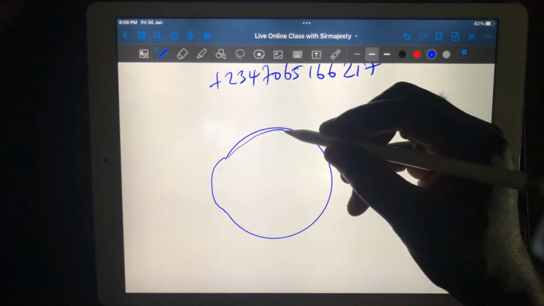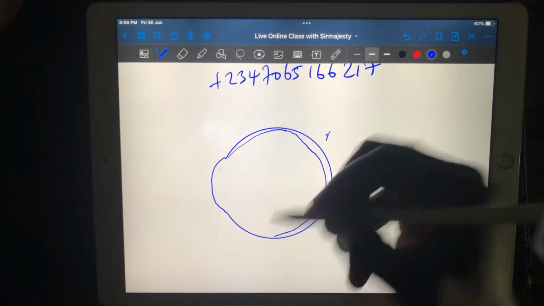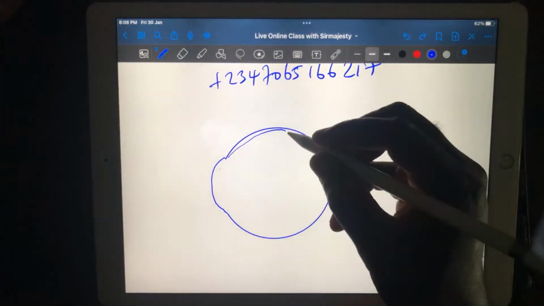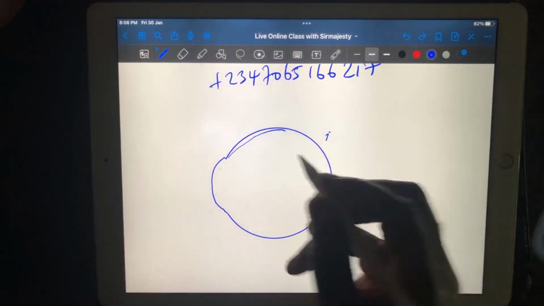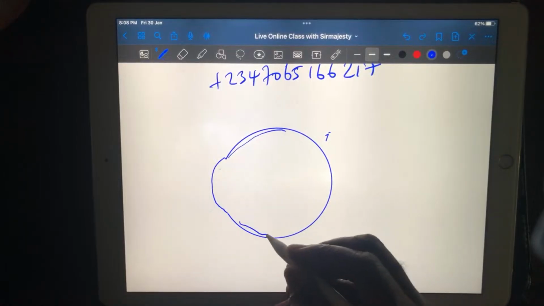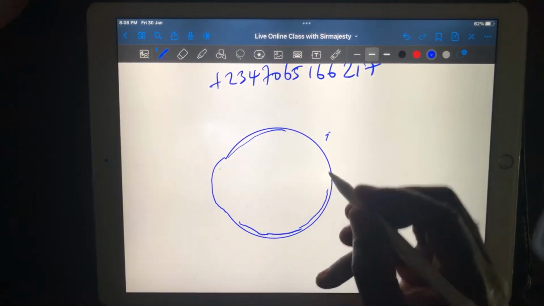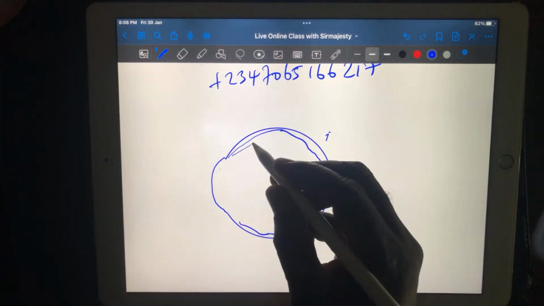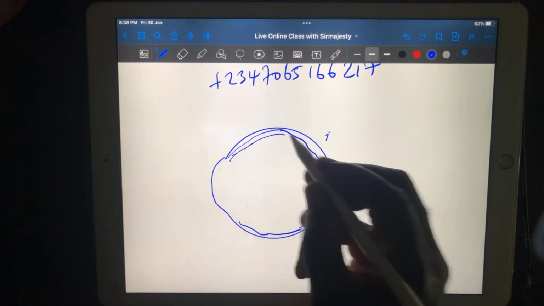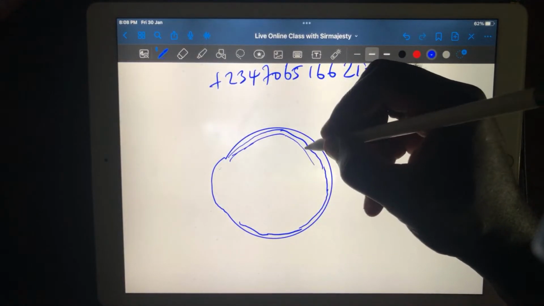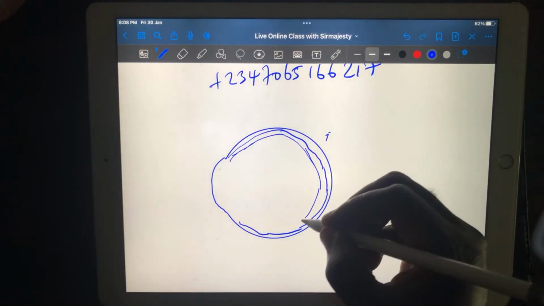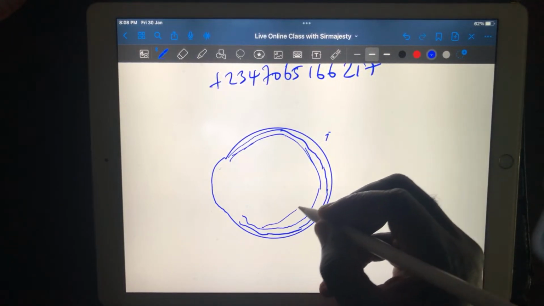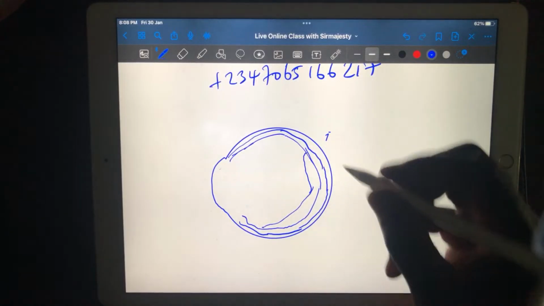The first layer is the sclera, then the middle layer is the choroid, then the choroid layer comes to form the iris, which is the dark layer, the iris and the ciliary muscles, and then we have the retina, which is the innermost layer.